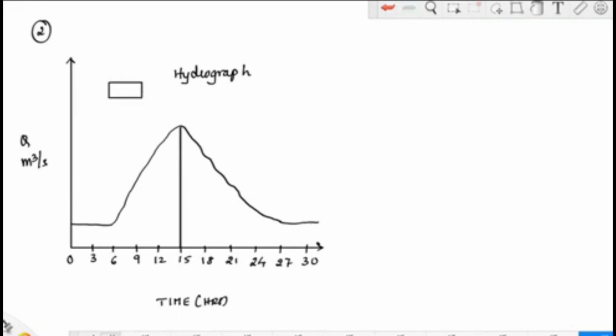Duration is mentioned generally here. This is your peak discharge, QP. QP is peak discharge. It will be in meter cube per second.